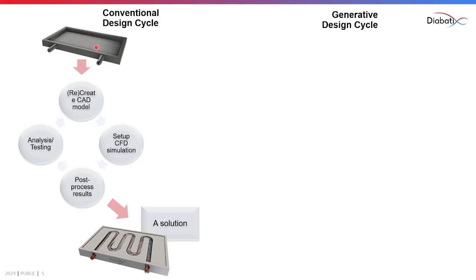The first way of tackling it would be to create a CAD model. For example, draw some pins or fins, or if you have some experience with heatsinks, draw your own heatsink design. You can then run CFD simulations or do some back of the envelope calculations, after which you have to post-process the results, analyze the results, and you loop through this until you get a solution.